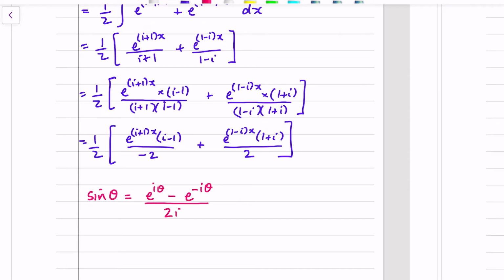Okay, so if I pull an e to the x out of both of these expressions, we've got an e to the x there, and an e to the x there, so that comes out the front.